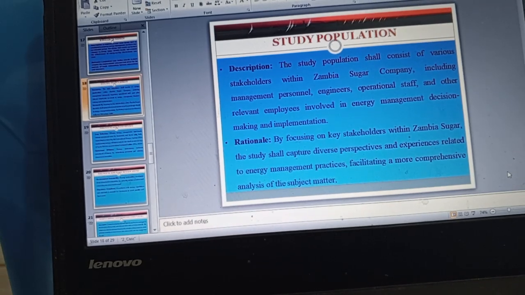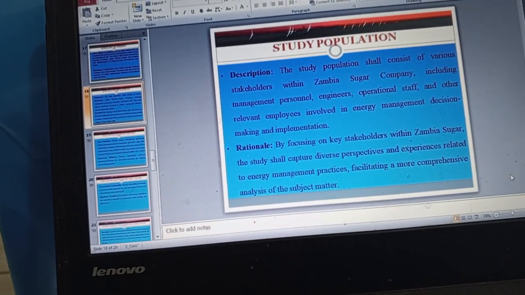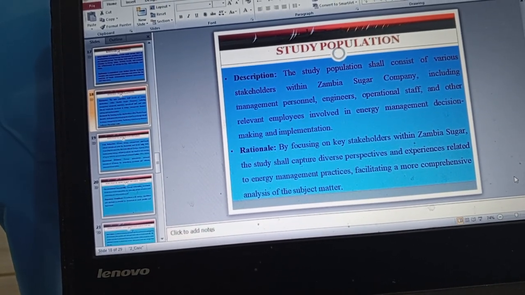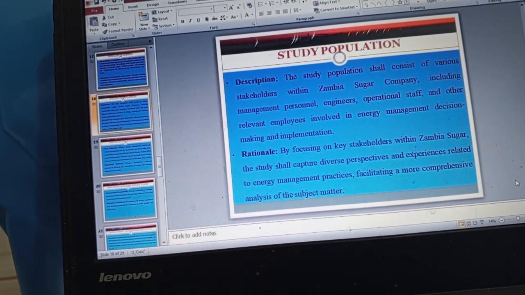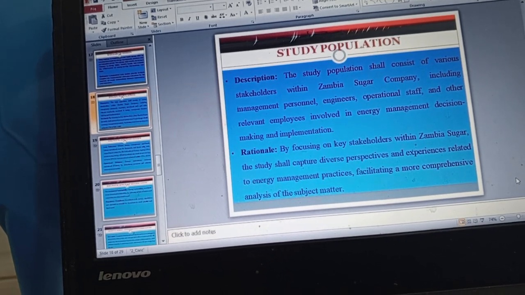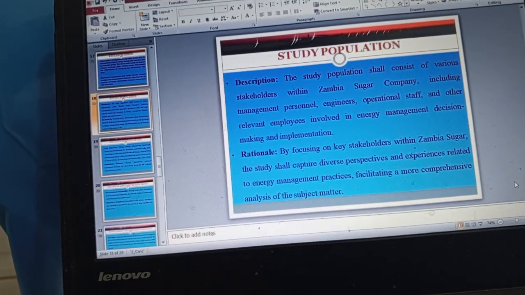Then for the rationale, by focusing on key stakeholders within Zambia Sugar, the study shall capture diverse perspectives and experiences related to energy management practices, hence facilitating a more comprehensive analysis of the subject matter.